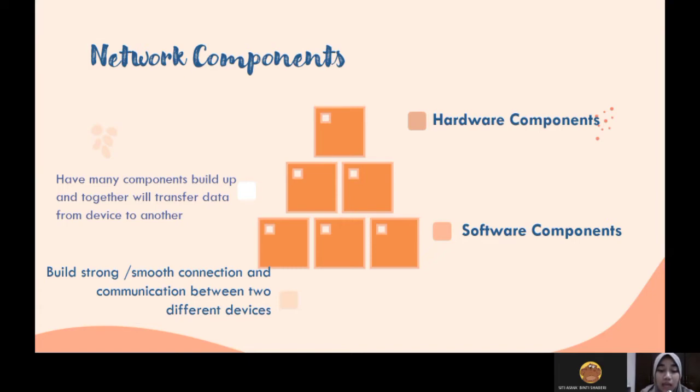So let me explain and clarify it one by one. For the hardware component, hardware components include all the physical and most visible parts of resources and the information system. This component is mainly focused on transforming the data and presenting it as output, because they have many components built up that transfer data from one device to another.